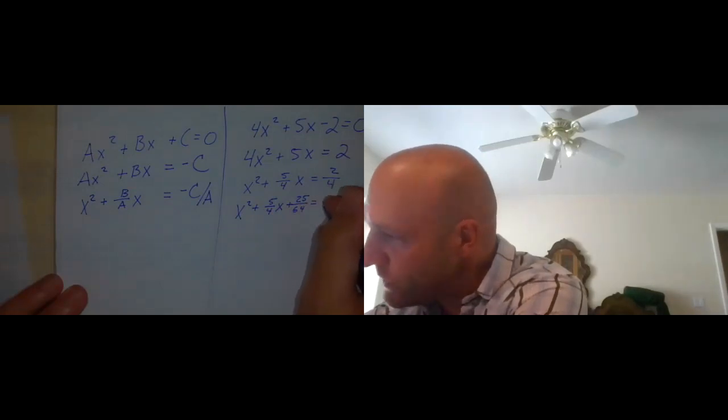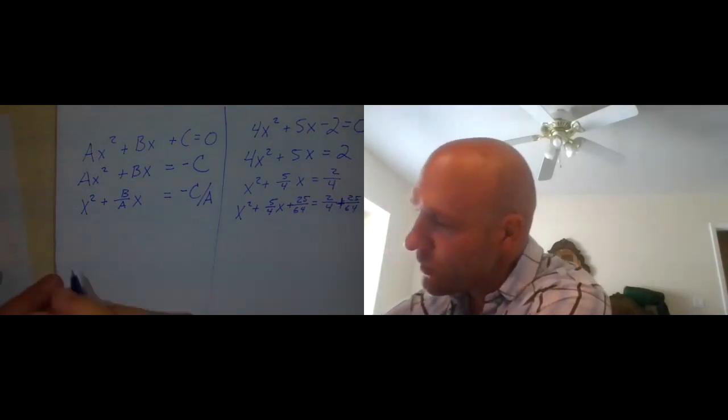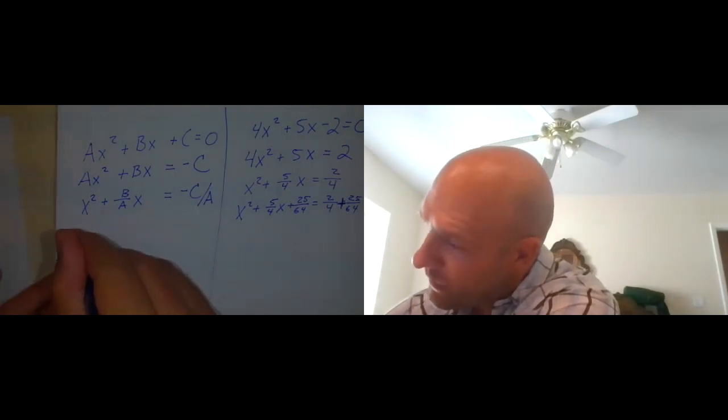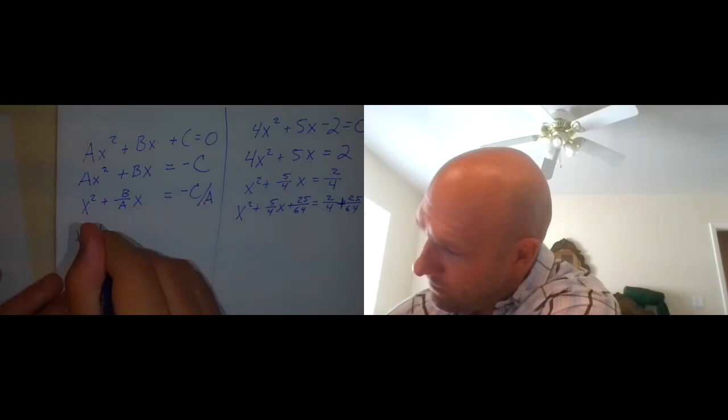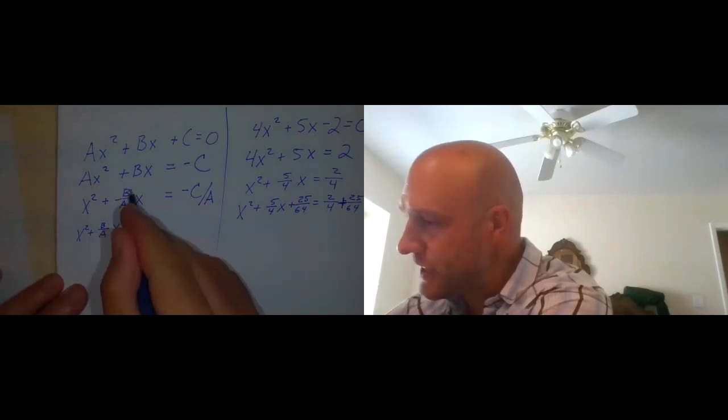And what I add to one side, I should presumably add to the other. Equals 2 over 4 plus 25 over 64. Okay, so doing that over here, I end up with x squared plus b over a x. Nothing's changed so far, but then I add half of this thing squared.